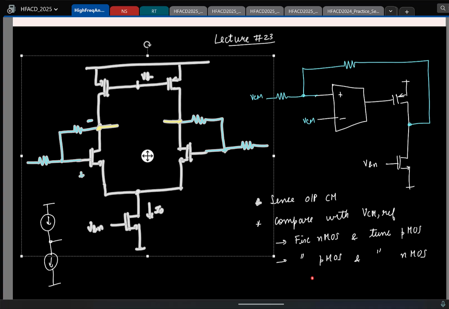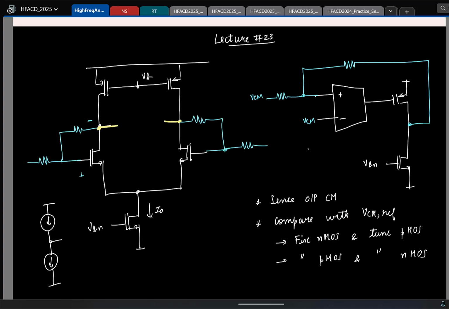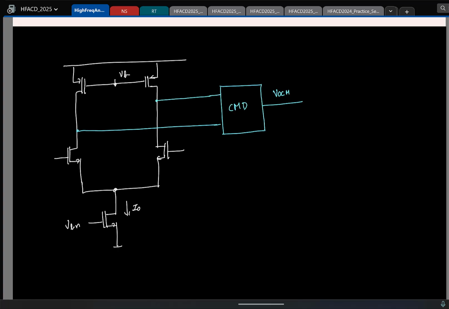Second step is to compare it with a reference voltage we have. Let us say you are given some reference voltage, VCM ref, and let us say you have a supply of 0 to VDD.